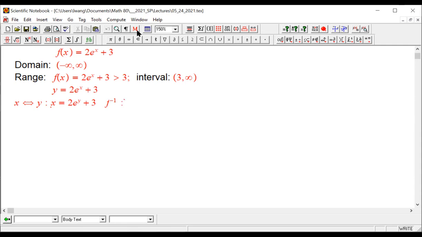The domain of the inverse would be the range of the original, so the domain is going to be x larger than 3, and the range is going to be all real numbers. So the swapping of x and y caused the swapping of domain and range.